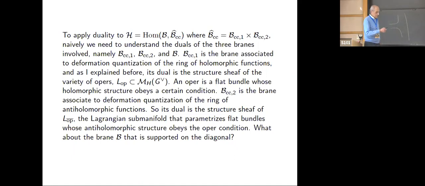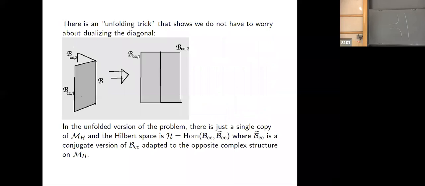So I've zoomed through this pretty fast, but two of the branes here have duals that are essentially known by a reinterpretation of a result of Beilinson and Drinfeld, which, as I told you, Gaiotto and I struggled a lot with at one point. What about the brane supported on the diagonal? Here, there's an old folding trick that shows we don't have to worry about doing anything. So we had two copies of Y, which really meant two copies of the four-dimensional gauge theory.